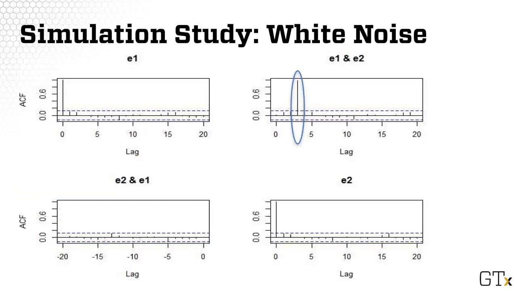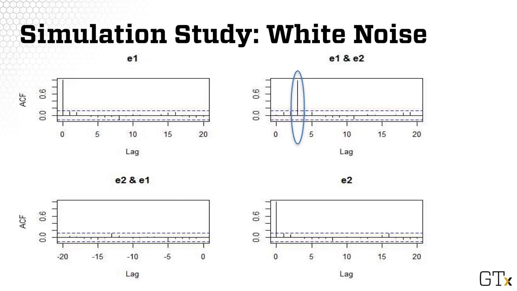These are the plots. As expected, the autocorrelation plots indicate that the time series are white noise. For the cross-correlation plots, only the one for which the time series E2 is the lead and the first time series E1 is the lag time series shows one large correlation value at lag 3.